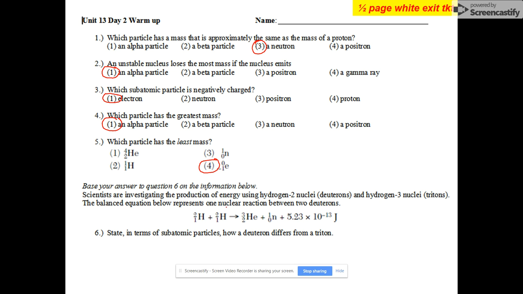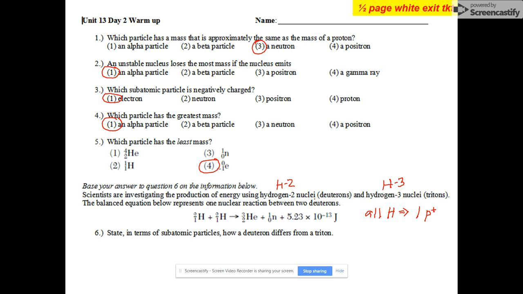Okay, number 6, a little more complicated. They're talking about hydrogen 2. That's called deuterium, and hydrogen 3, tritium, or these particles are called deuterons. These particles are called tritons. These are two isotopes of hydrogen. So in terms of subatomic particles, how does a deuteron differ from a triton? Well, all H have 1 proton, okay?